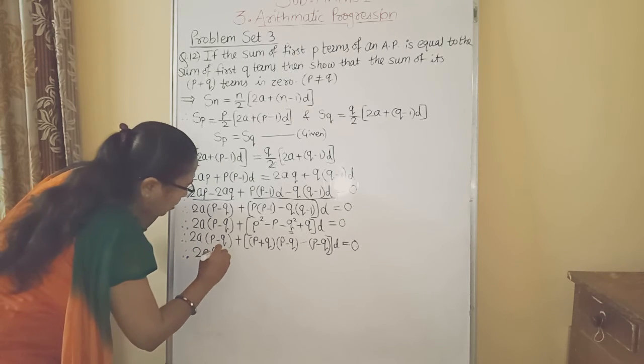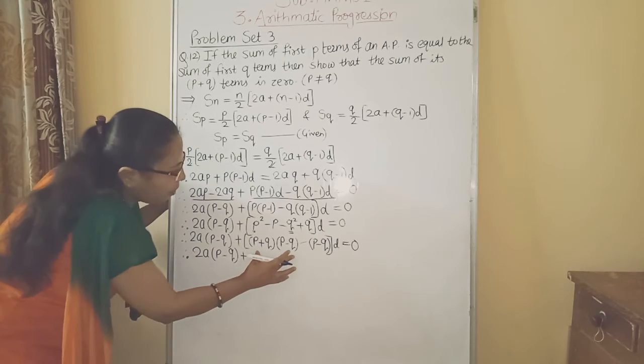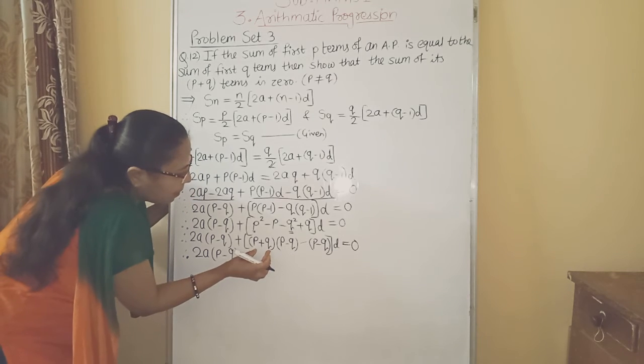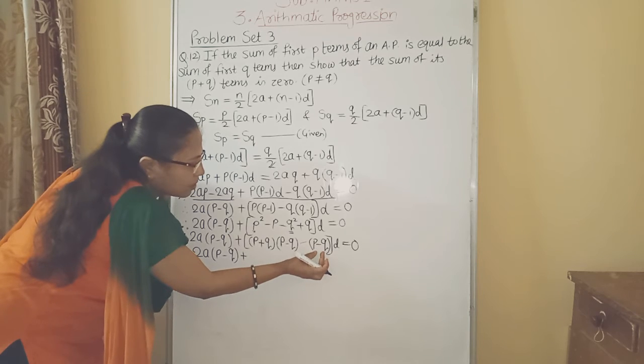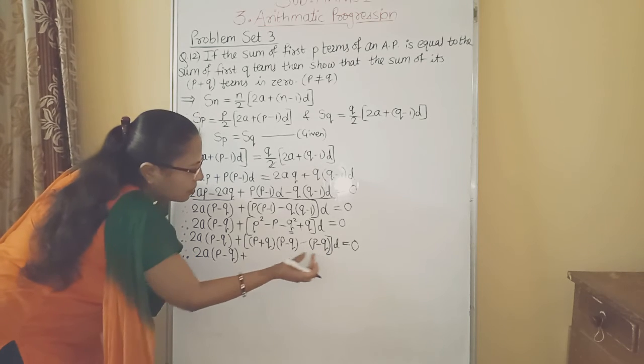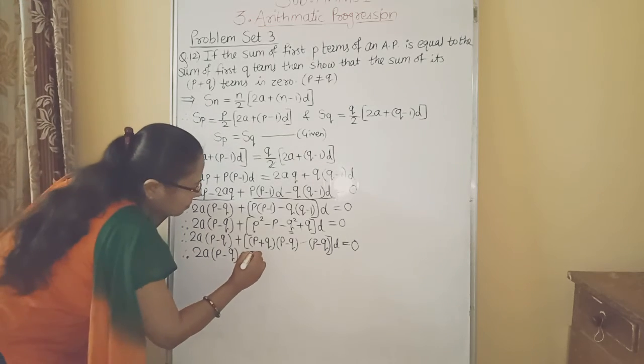Now 2a into bracket p minus q plus, now from this bracket, see here, p plus q into p minus q, and here minus p minus q. So from these two terms we will get p minus q as a common factor.